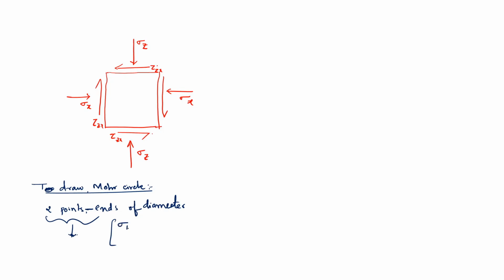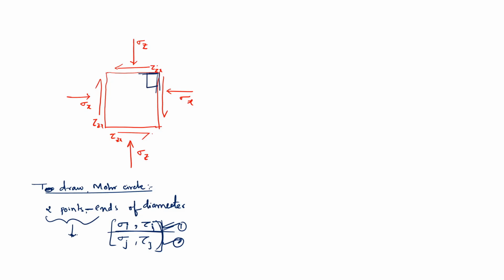They represent sigma i comma tau i and sigma j comma tau j. These 2 points should be on perpendicular planes. If these 2 points are the stresses on perpendicular planes, then they will become the ends of the diameter. Anyway, these two are perpendicular.